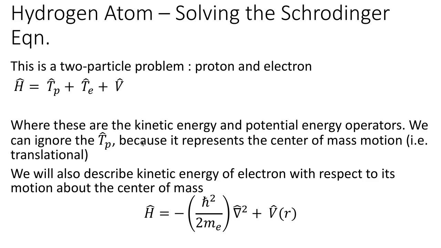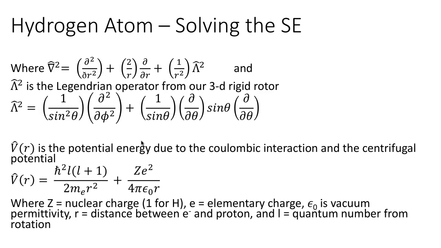And so we have that del hat squared. We've seen that operator before. I'm not showing it for Cartesian coordinates, where it's just the second derivative with respect to x, y, and z, because we're not going to solve this in Cartesian coordinates. We're going to solve it in spherical polars.